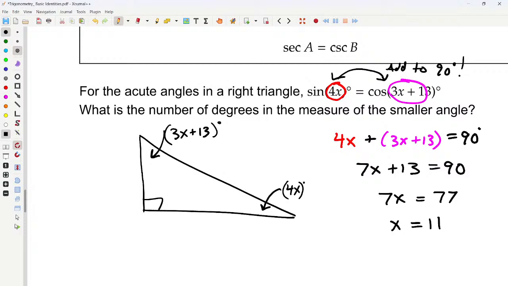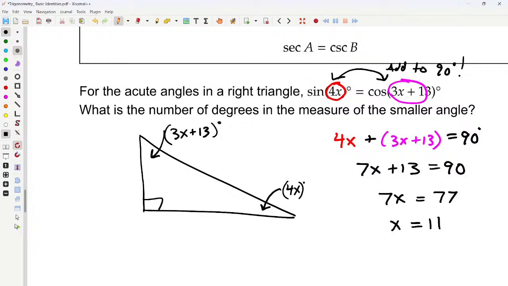Type in 11 in my lab. Sorry, wrong. I hate math. Read the question. What's the measure of the smaller angle? Bro, that's not x. That's 4x. So we need to substitute in the 11 right here.